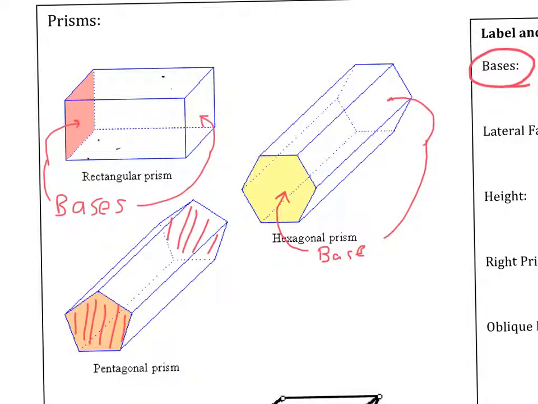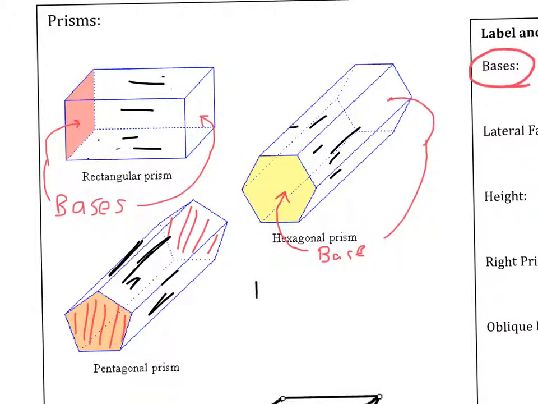Notice the pentagonal prism has 1, 2, 3, 4, 5 lateral faces. The hexagonal prism has 1, 2, 3, 4, 5, and 6 lateral faces. And this one has front, back, top, and bottom, so there would be 4 here.